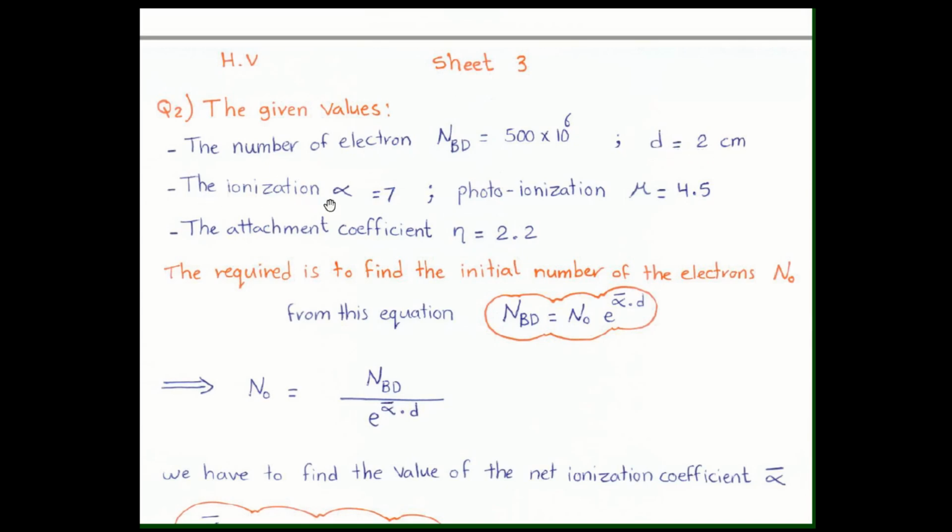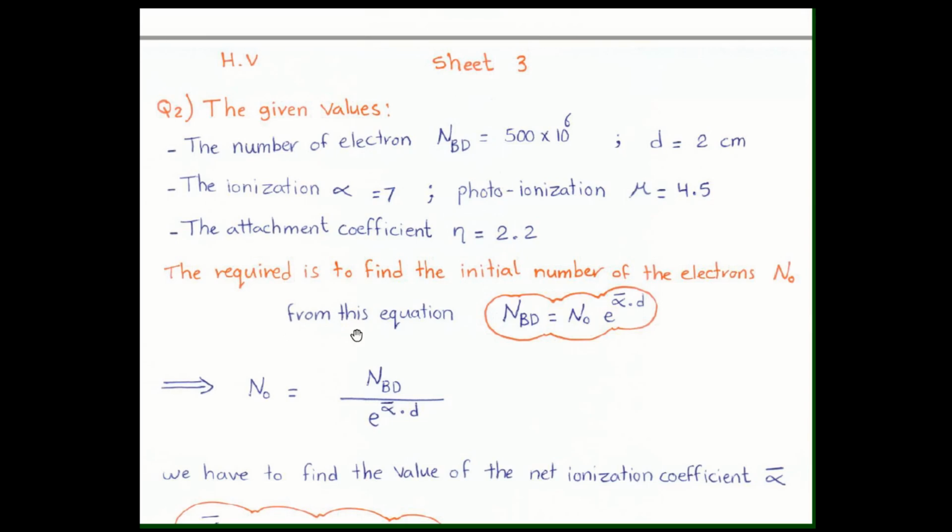The ionization coefficient, which we call alpha, is equal to 7, photoionization is mu, equal to 4.5, and the attachment coefficient, which we call eta, is equal to 0.2. So the required is to find the initial number of electrons, which we call N0.